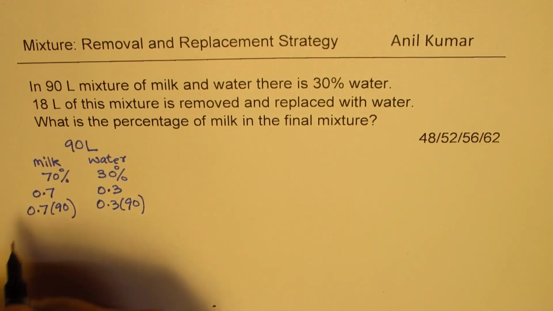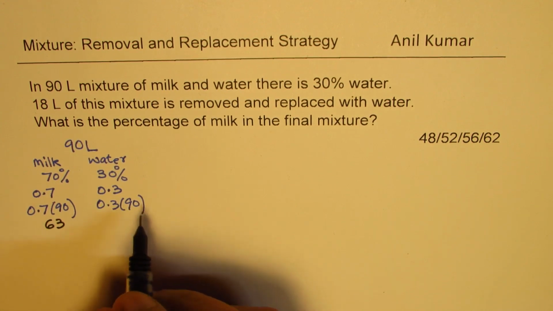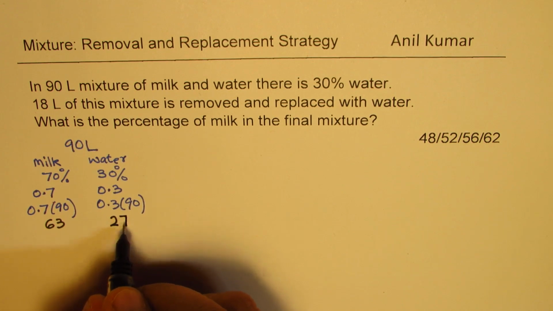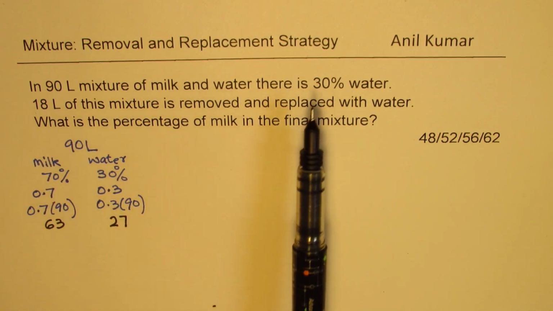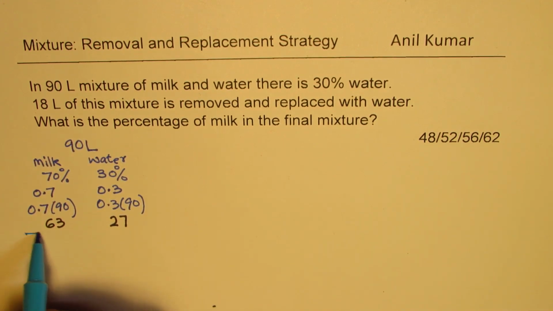So what we get here is 63 liters of milk, and 3 times 9 is 27 liters of water. So that is the position when we have 90 liters of mixture where the percentage of water is 30%. Is that point clear to you, right? So that is the first basic understanding.